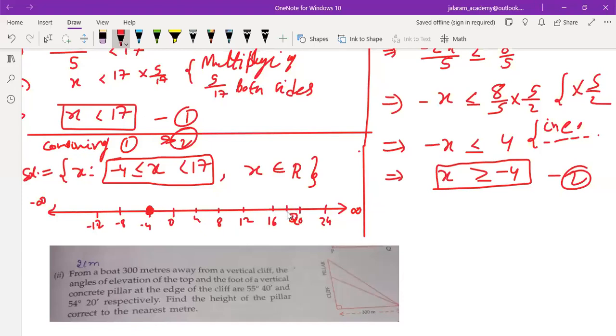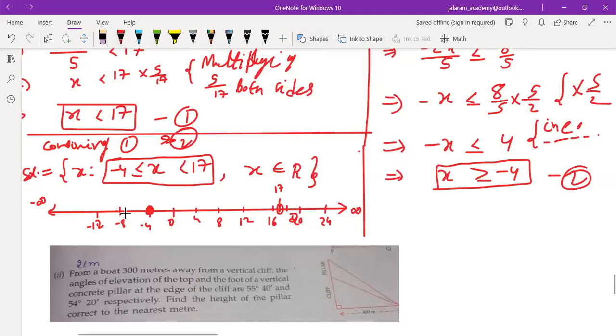And there is no 17 in this. So we know that 18 lies just between 16 and 20, and 17 lies just between 16 and 18. So this number is showing 17. And we will make a hollow circle, means 17 is excluded.